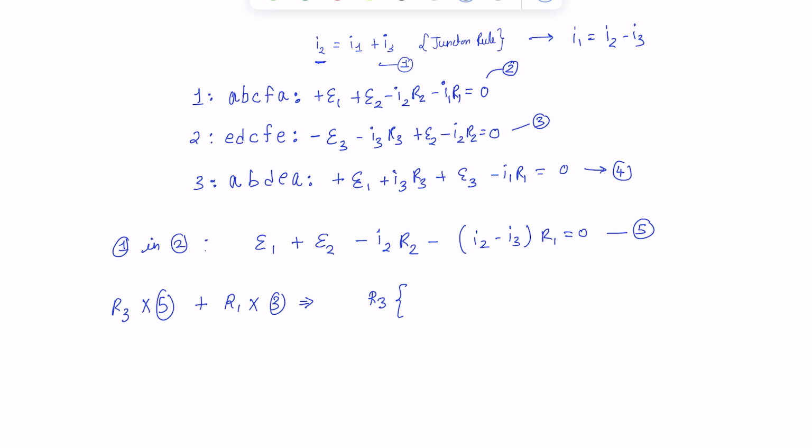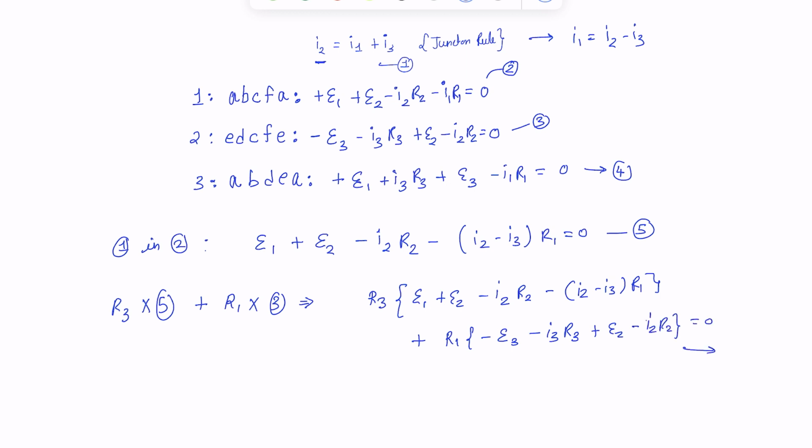So it's going to be R3 epsilon 1 plus epsilon 2 minus I2 R2 minus I2 minus I3 R1 plus R1 epsilon 3 R3 plus epsilon 2 minus equals to 0.